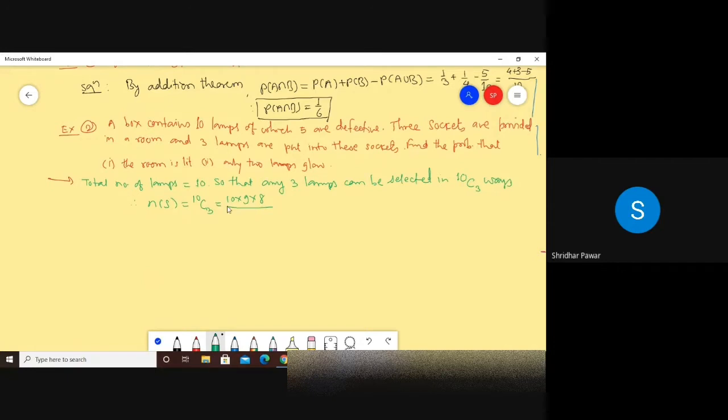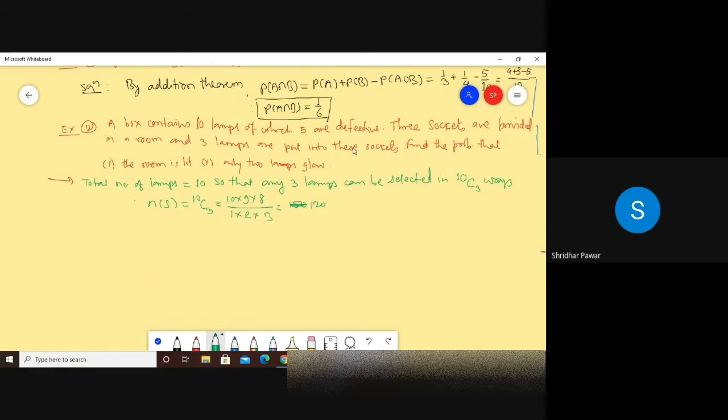Write 3 numbers in the descending order. Okay, so this is 150. I think not 150, it is 120. Okay, so n of S is 120.